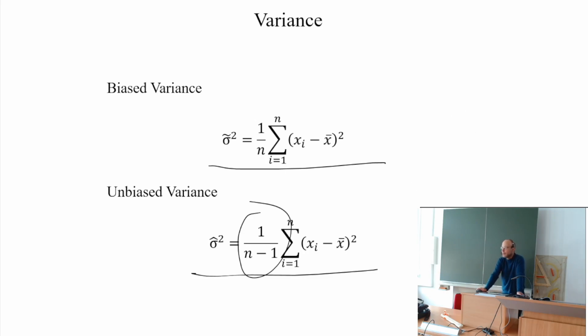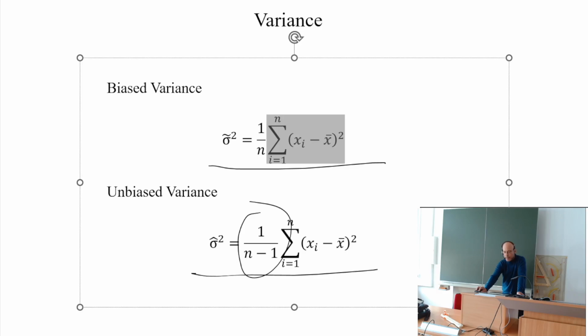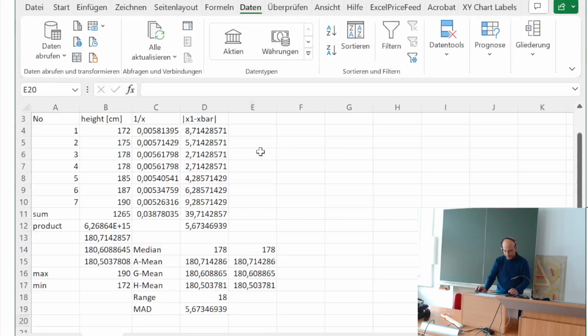Okay, then variance. Variance is defined as the sum of the squared distances divided by the amount of our sample. So let's go.